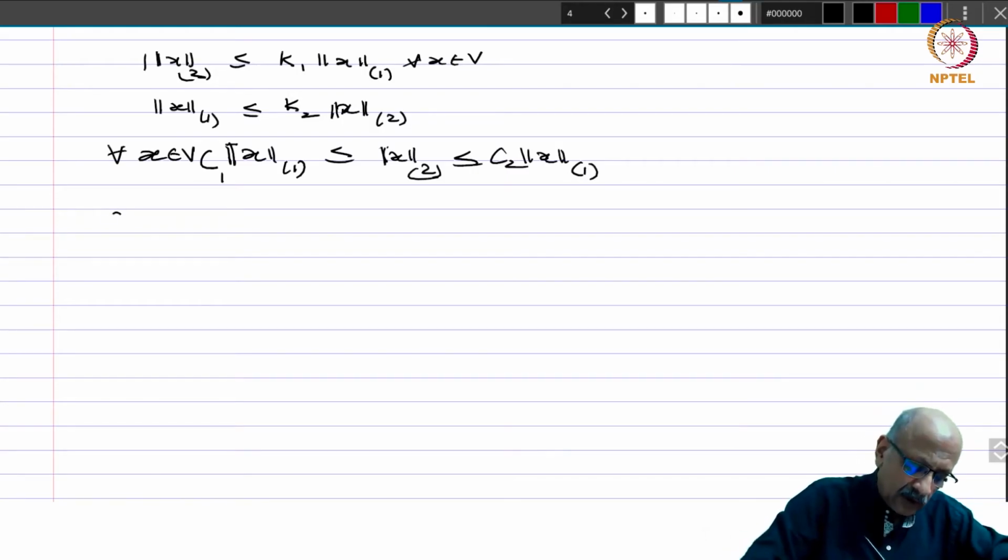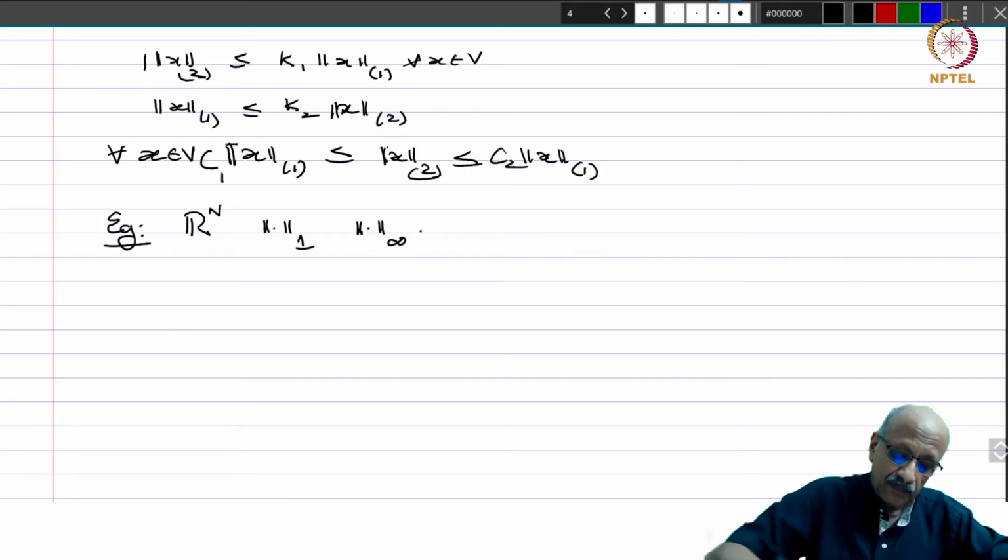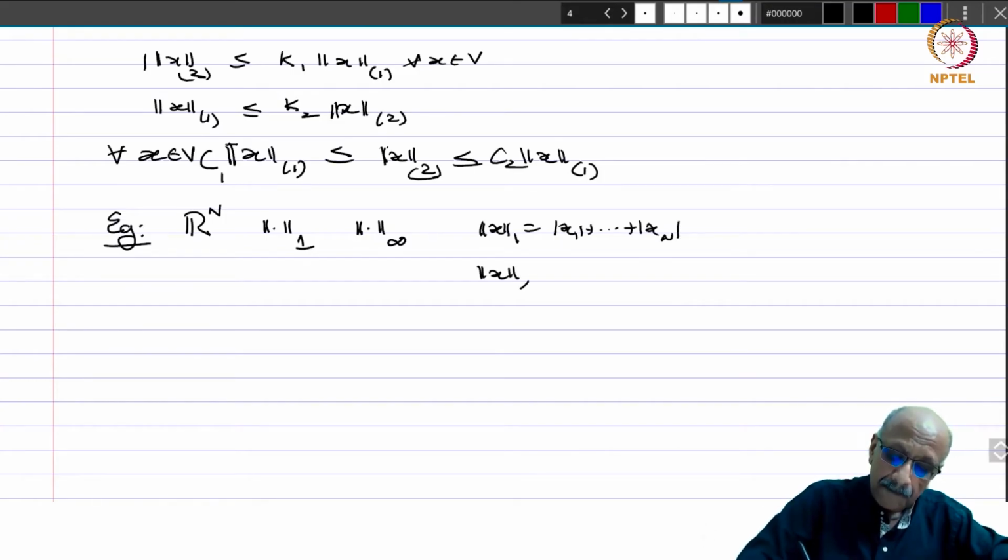So let us look at some examples. Let us take Rn with the norm 1 and norm infinity. So what is norm 1? Norm x1 equals mod x1 plus up to mod xn, and norm x infinity is max of mod xi, 1 less than or equal to i less than or equal to n.